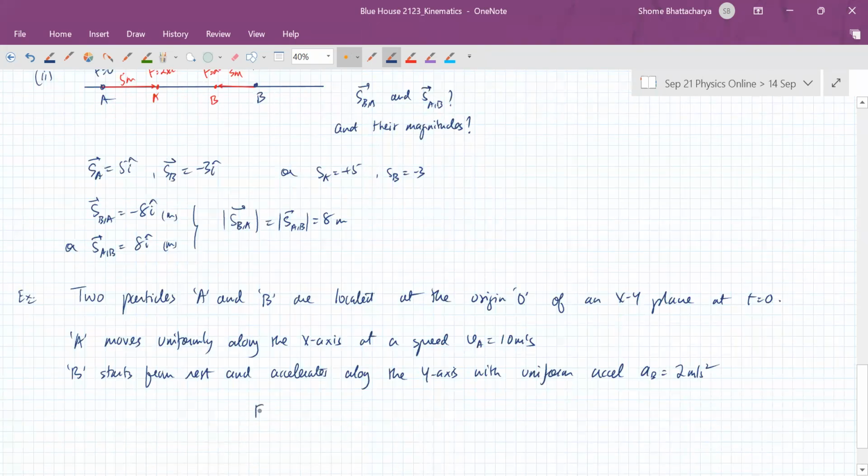So find the relative displacement of A with respect to B at t equal to 4 seconds. Make a diagram to justify the answer.